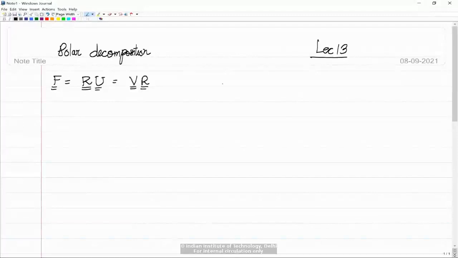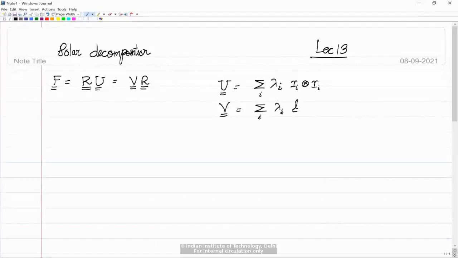Okay, and U we wrote as summation over i of lambda i ri tensor product ri, where little ri are the eigenvectors of U, whereas V was summation over i, same eigenvalues, but the eigenvectors are li tensor product li, where this li is actually big R times little ri.